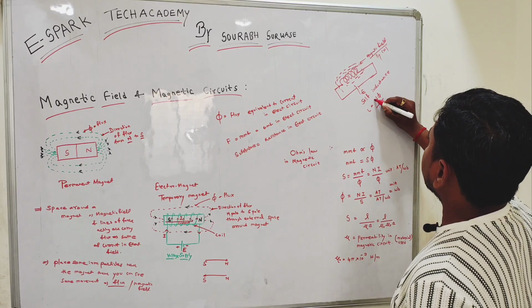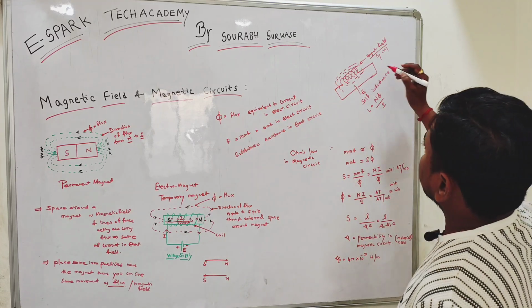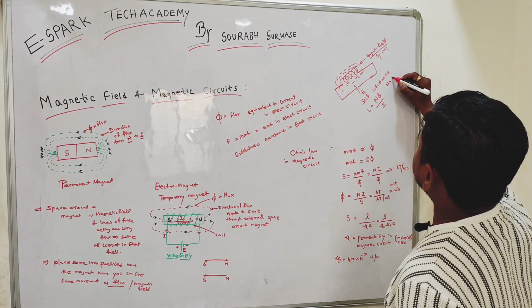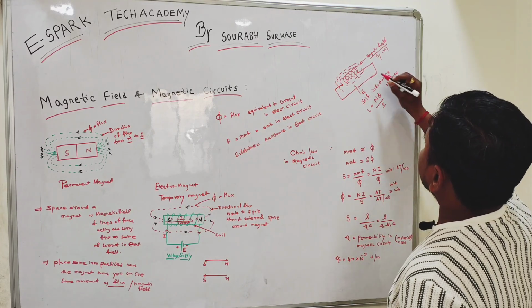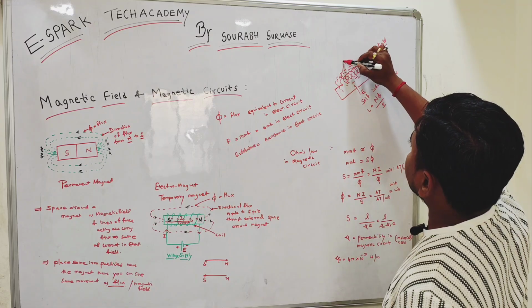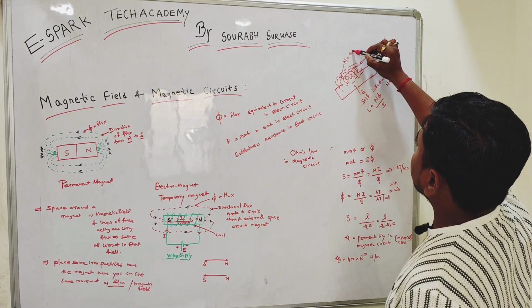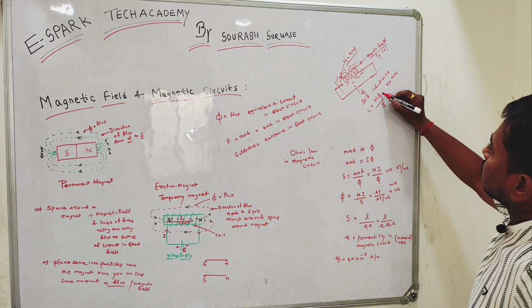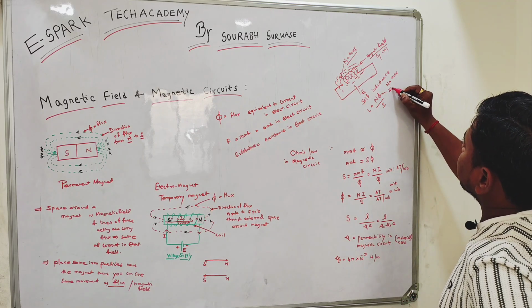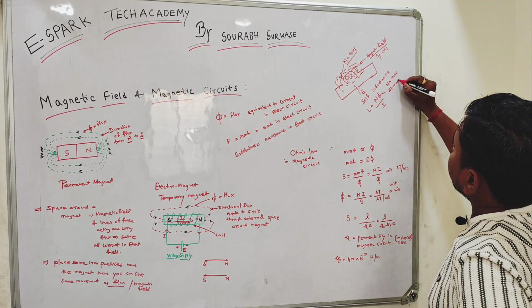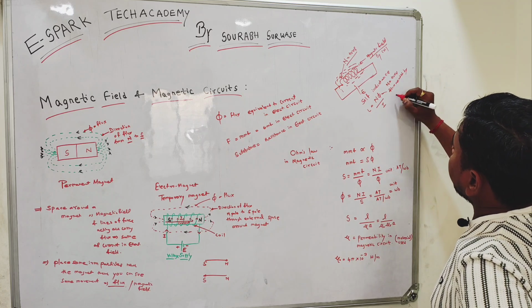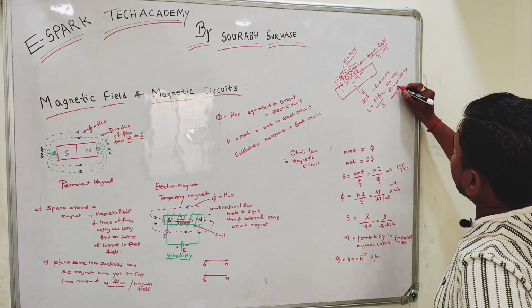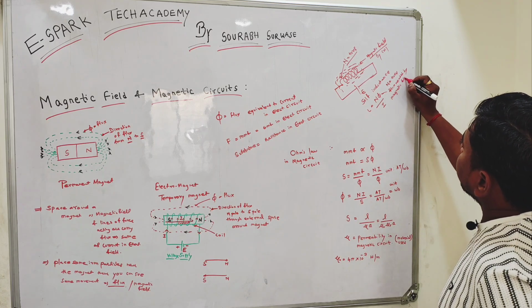I is the current which we are giving here. N is the turns of the coil. And phi is the flux created by the magnetic field.